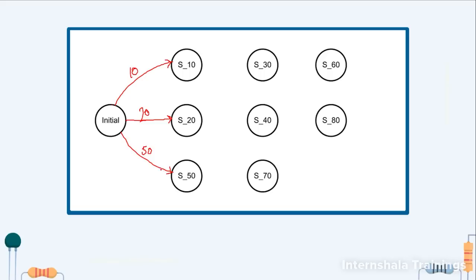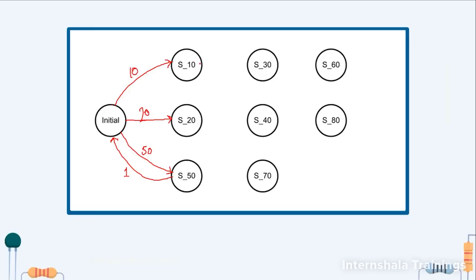Now the product price is 40 rupees. If we already have 50 rupees in the machine, that means we have more than the product price. So in that case, we will go back to S initial and the output is 1. In all other cases, we will keep waiting for more money and the output will remain 0.